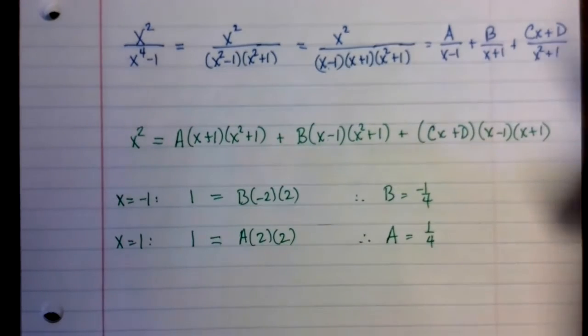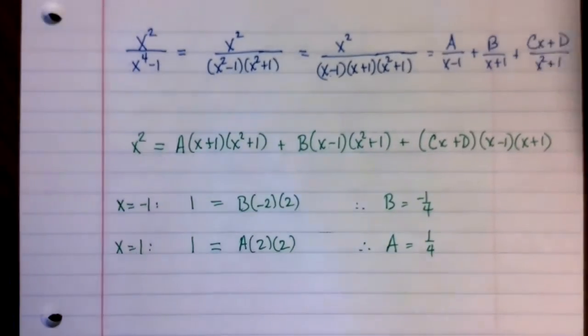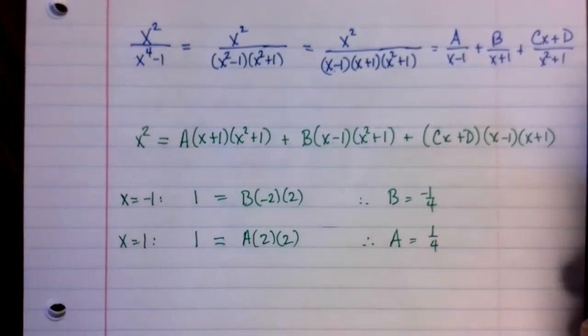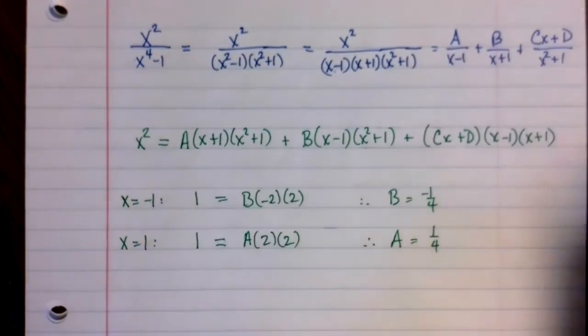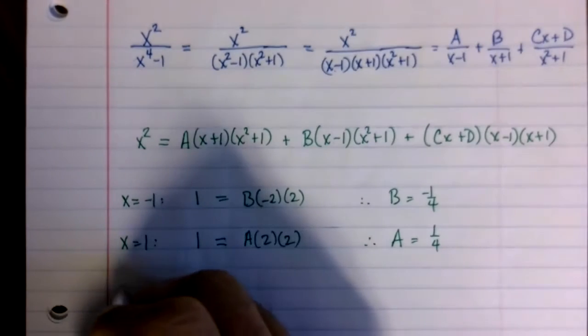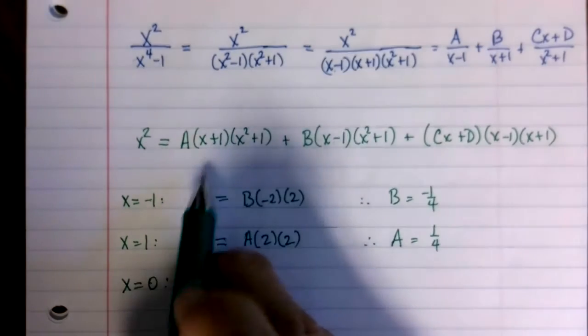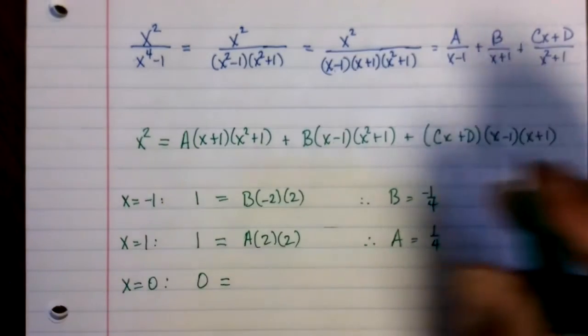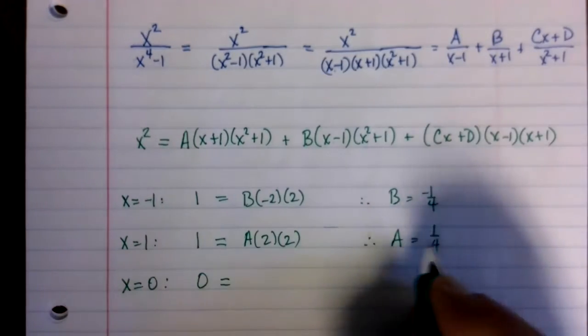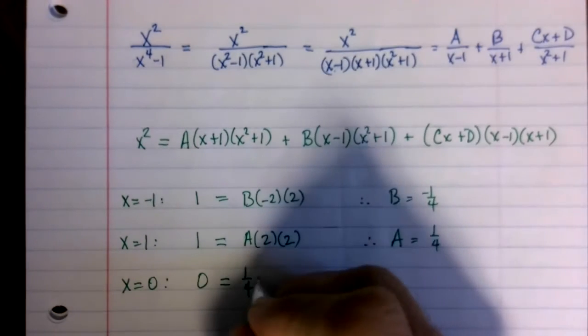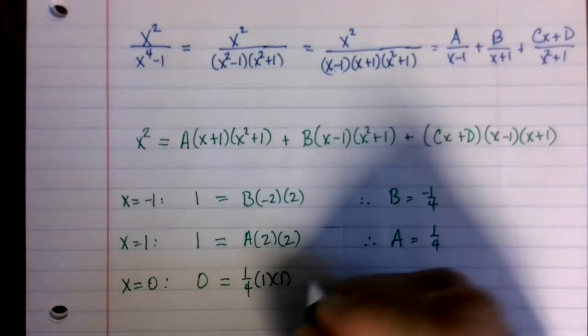Okay, now I've run out of the best things to plug in. Now, from this point forward, I have two options. I can multiply out and match coefficients. Another option is I can simply plug something else in. So let's plug in 0. Plugging in 0, here I would have 1 is equal to 1/4 times 1 times 1.